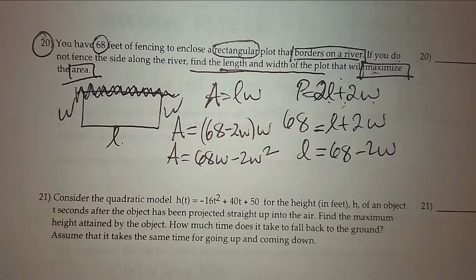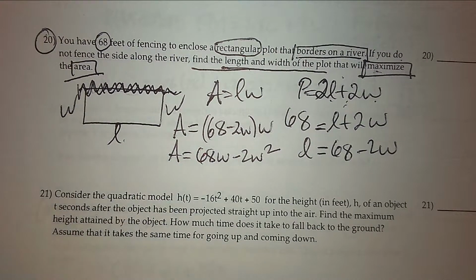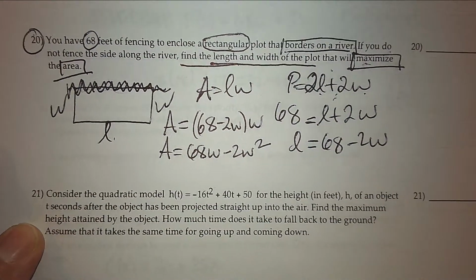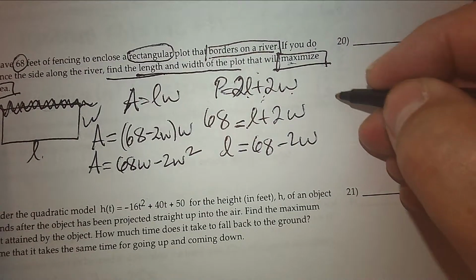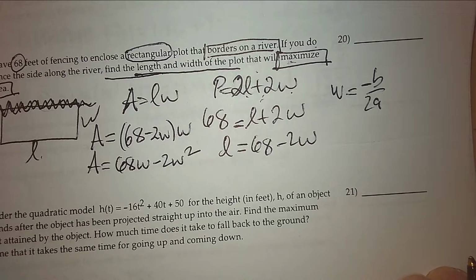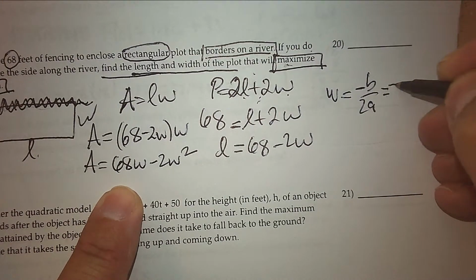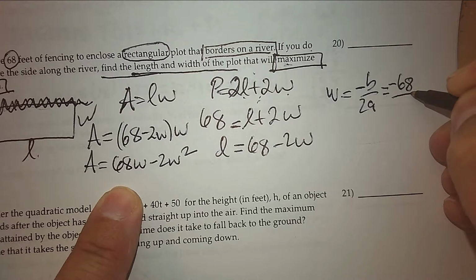What I'm trying to find, though, is what width would maximize the revenue. And the word maximum, again, means you're finding the vertex. What formula helps us find the vertex? It's negative b over 2a. Be careful. What number is b again? 68. What number is a?